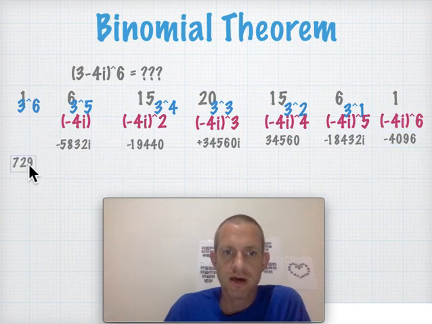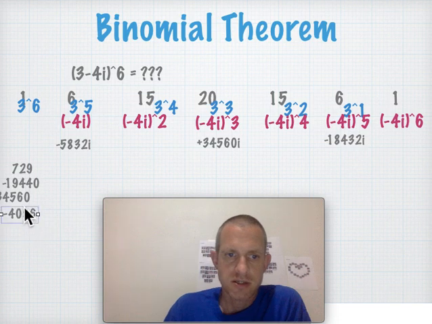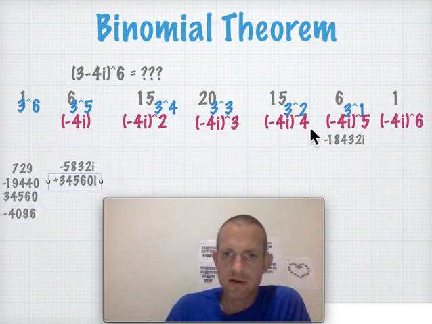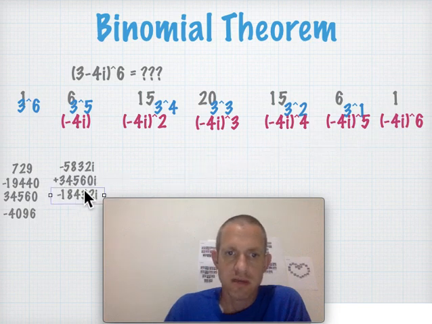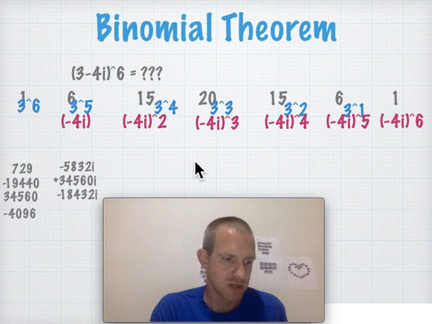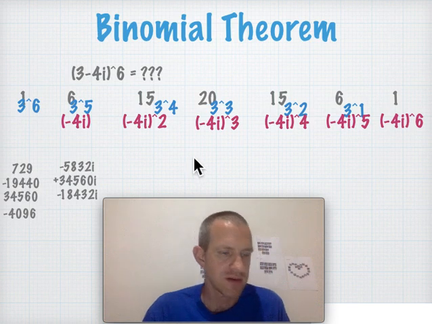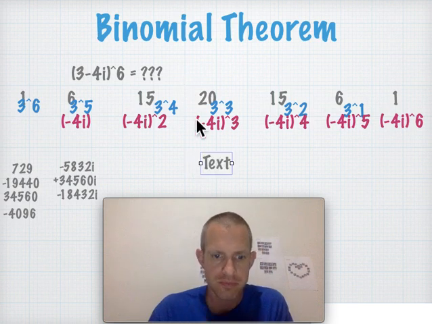And so now I've got a mixture of i's and non-i's, real and imaginary parts. If we combine all the real parts together, that's just a number. And if I combine all the imaginary parts together, that also is an imaginary number. And so we've got a little bit of adding to do. 729 minus 19,440 plus 34,560 minus 4,096 gives me 11,753.